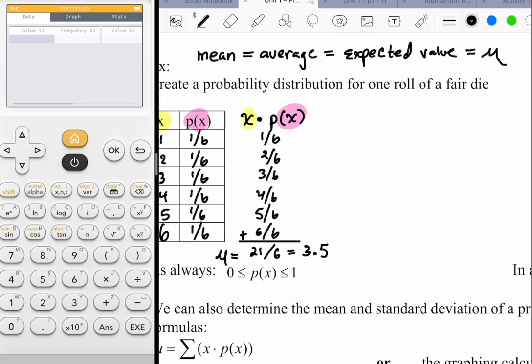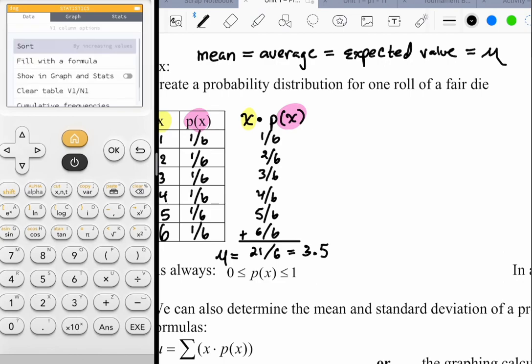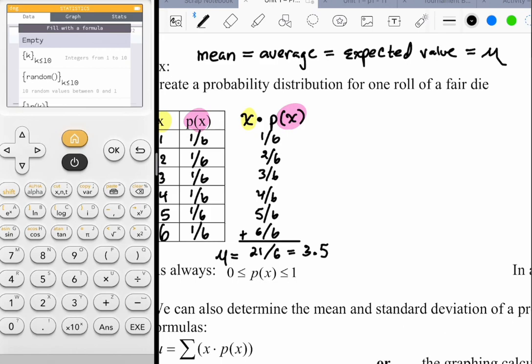And you could put random numbers in here. All right, so if you go up to value V1 and hit enter, you'll see fill with a formula. And there's an option for random.